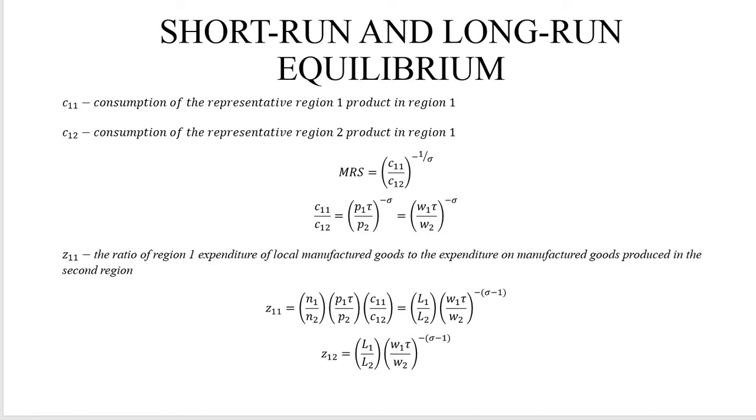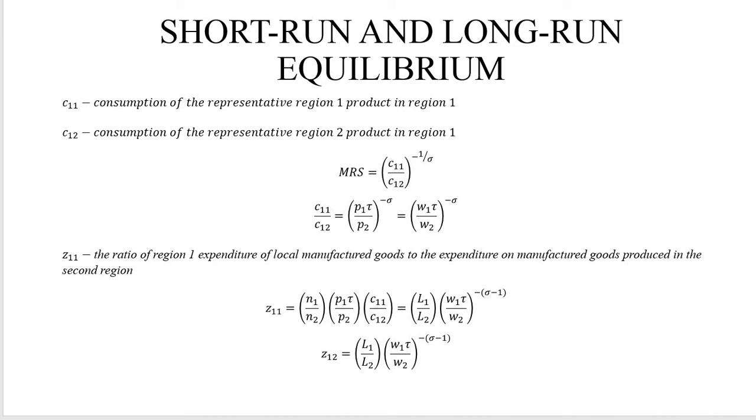So first of all, as usual, in order to define the relative demand function for these products, or the optimal value of consumption, we have to equalize the marginal rate of substitution of these two goods, like basically consumption of the representative region 1 product in region 1 and consumption of the representative region 2 product in region 1.